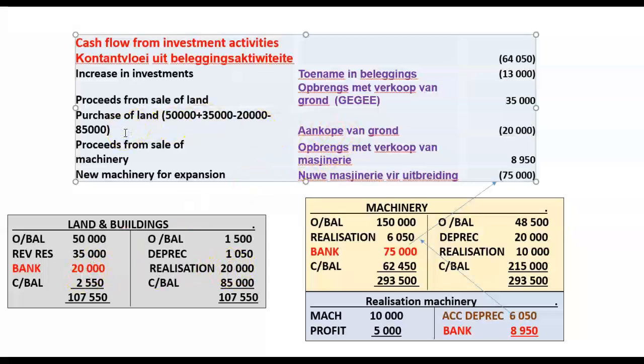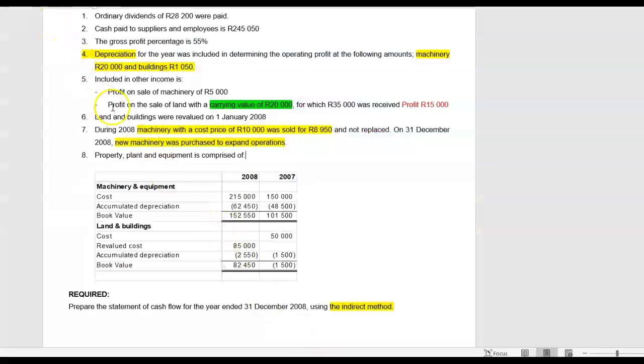Purchase of land, replacement, 20,000 Rand. Now the machinery account is exactly the same.